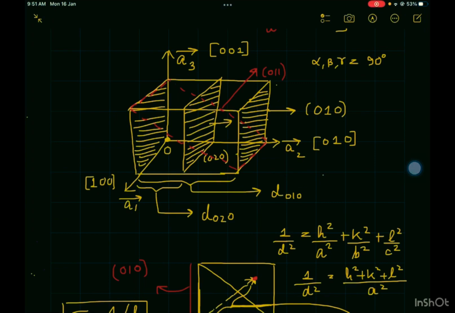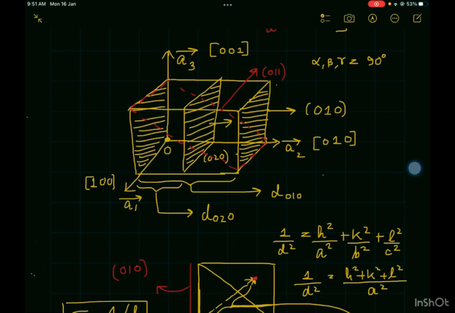Can we get an inkling of a reciprocal space from a direct space? For that we will do an exercise. First, we will choose an origin at some arbitrary point inside the direct lattice. Here, the direct lattice is a unit cell, and we have chosen a point O, right? Then, what we will do is we draw normals to each set of parallel planes in that unit cell or the direct lattice.